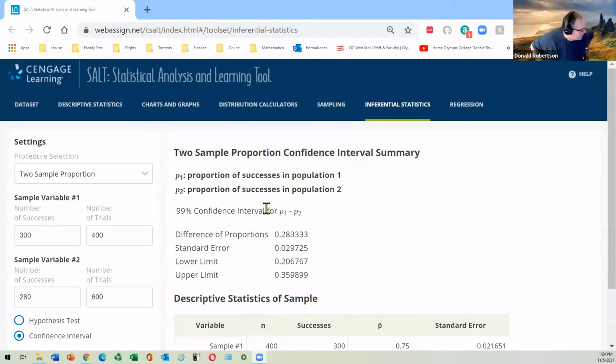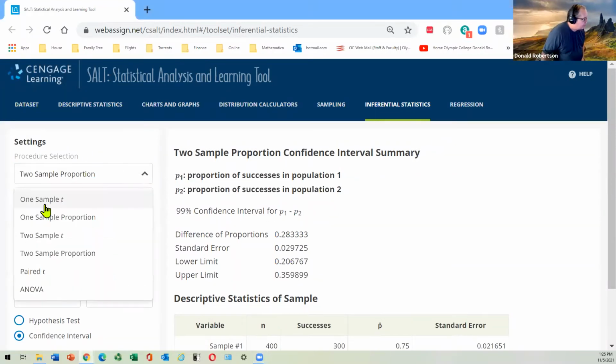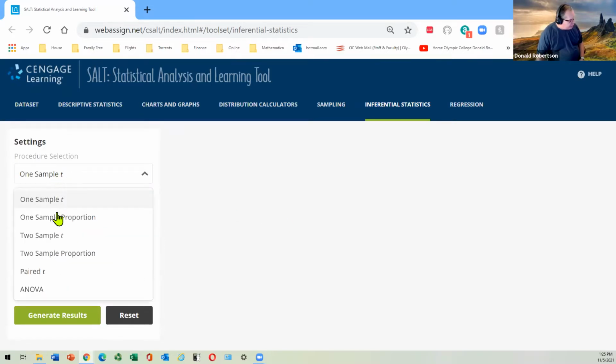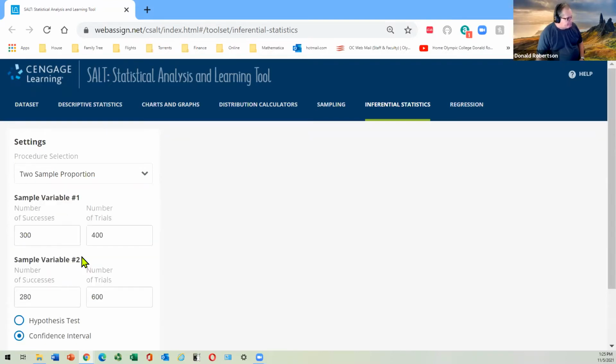Let's put it the way you'd probably see it the first time you go in. You click on it and it would look something like that. You go to this and you choose 2 sample proportions.